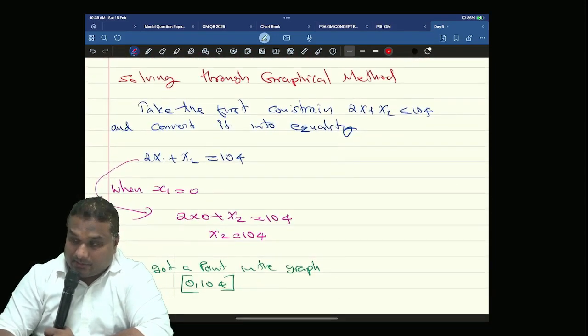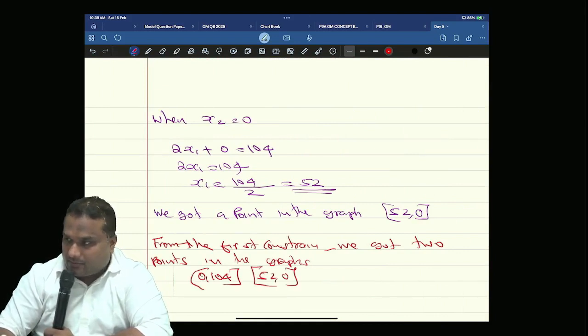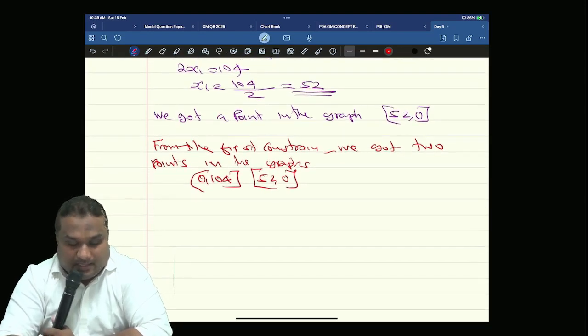What are the points? 0, 104, and the second one is 52, 0. This is related to cutter.